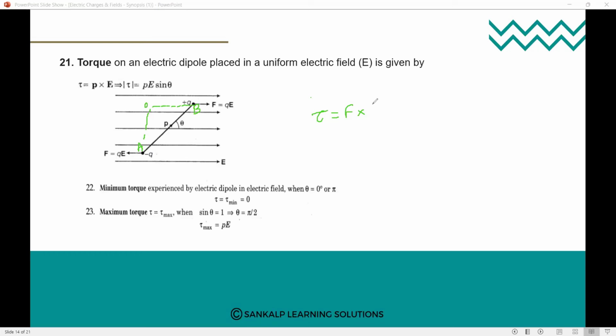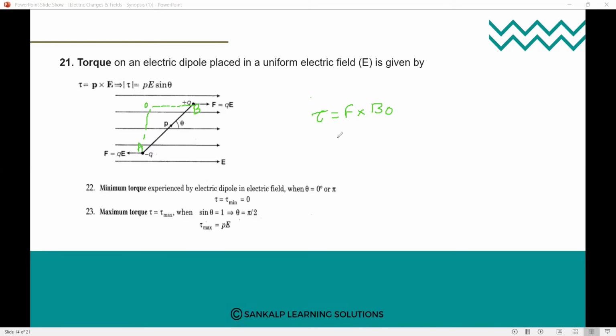The perpendicular distance is nothing but BO, or else you can take AO also, no problem. Therefore, torque is equal to force into perpendicular distance.